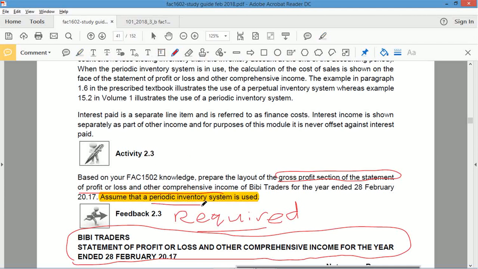Remember, periodic is generally preferred in terms of the examiner's testing, because periodic requires more calculations, rather than perpetual. Perpetual requires fewer calculations and is generally easier to do. All I know that goes under profit and loss is income and expenses. So what would the structure look like? Write down what you think it should look like, and then we're going to check.